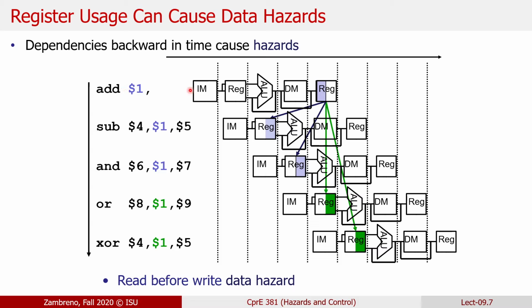But now it's in a pipeline processor, where our throughput is a lot better, but the individual latency of instructions is still roughly the same as in our single cycle processor. It's not until the end of cycle 5, or at some point in cycle 5, that we've actually written to our register file, in the write back stage of our execution.